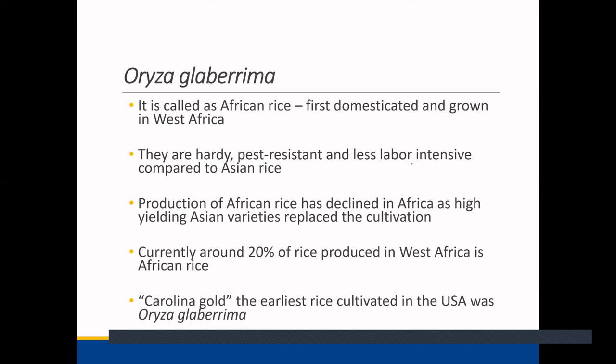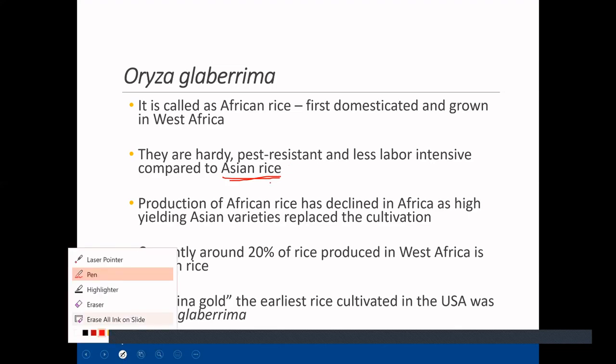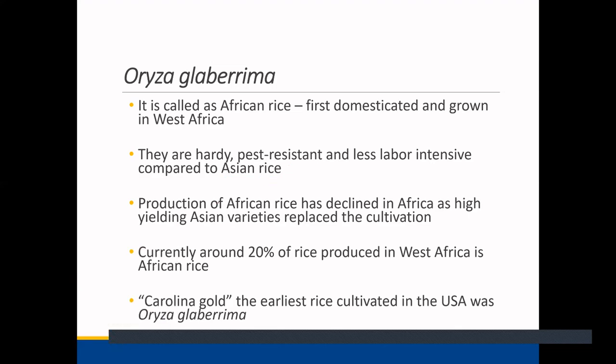So always the comparison, right? When you compare with sativa, they are hardy, pest resistant, and less labor intensive compared to Asian rice. That is the Oryza sativa, right? They are hardy and resistant.